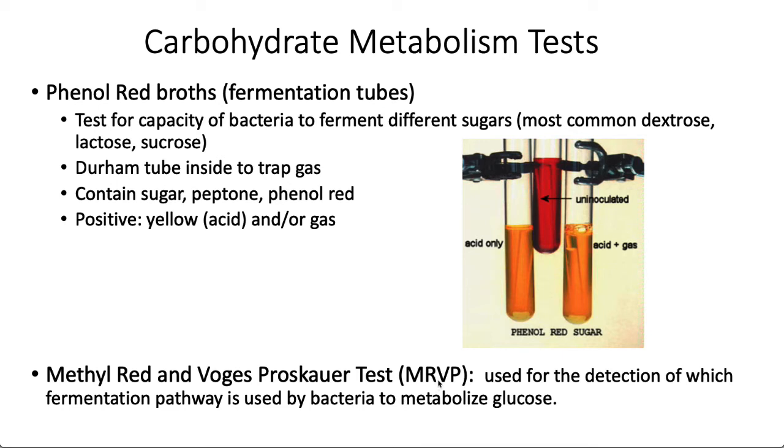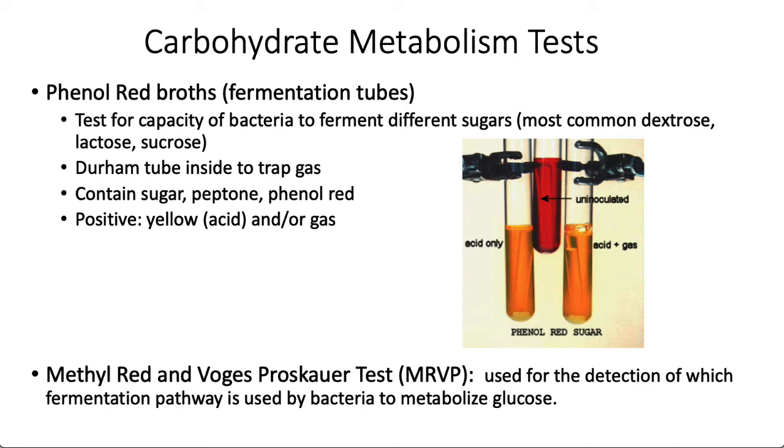Then there are also two tests in one. So the MRVP broth is a special broth that can be interpreted two ways. One, methyl red, that is the MR part, and Voges-Proskauer, which is the VP part. So among fermentation, there are many products, and some of those products are acidic, more acidic.